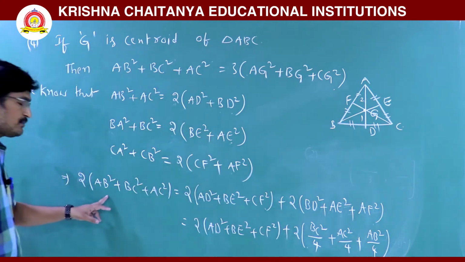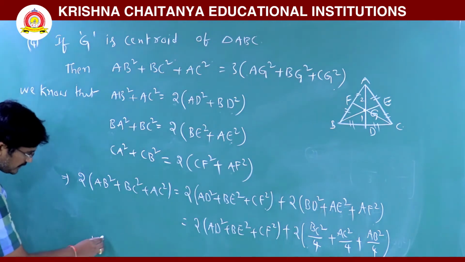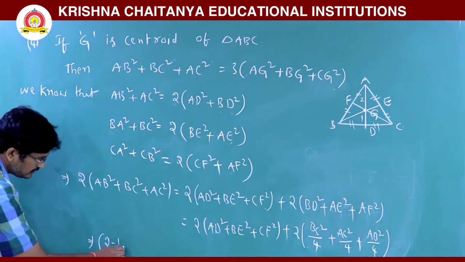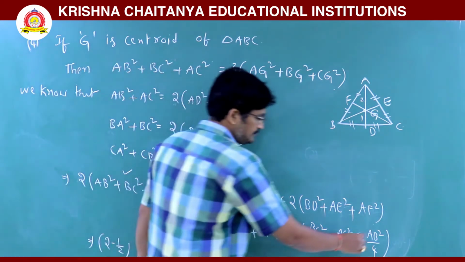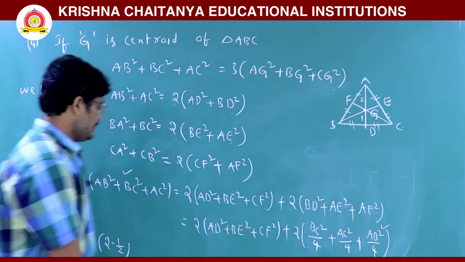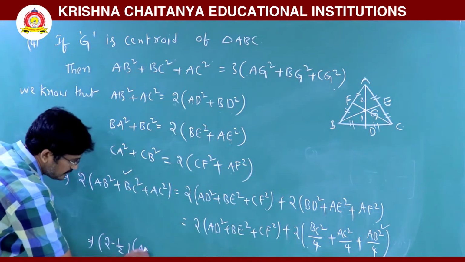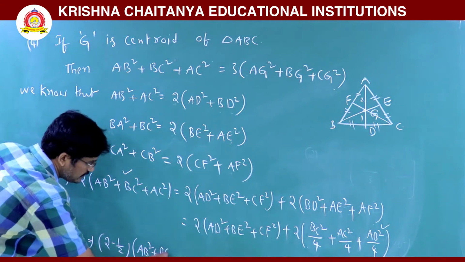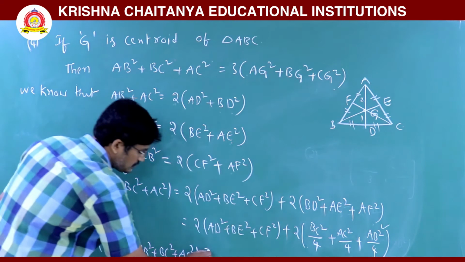So 2 minus 1 by 2 times of AB square plus BC square plus AC square is equal to 2 times of AD square plus BE square plus CF square.